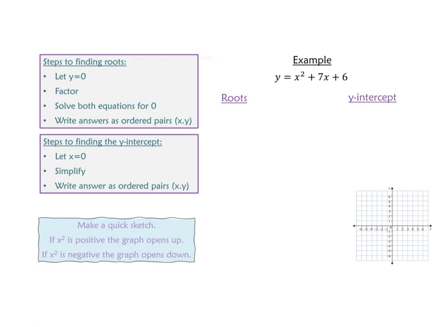All right, steps to finding the roots. We're going to let y equal 0. We have to remember that a equals 1, b equals 7, and c equals 6 in our example. So, we're going to do a little diamond, and in the top of the diamond, it's a times c, which is 1 times 6.